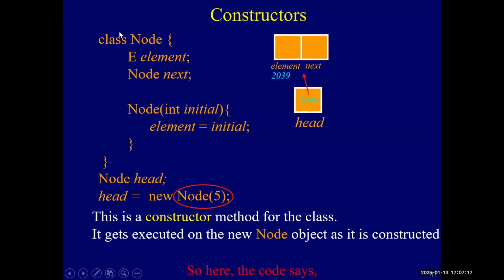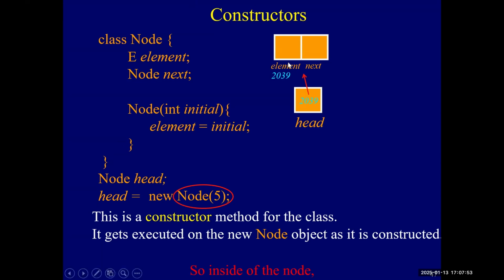So here the code says, what do I take in? I take an integer in. What do I do with the variable initial that I'm passed in? I store it in element. Note here, I'm not saying dot element, it's just element. That's kind of a funny thing, but it's because I'm inside the node.